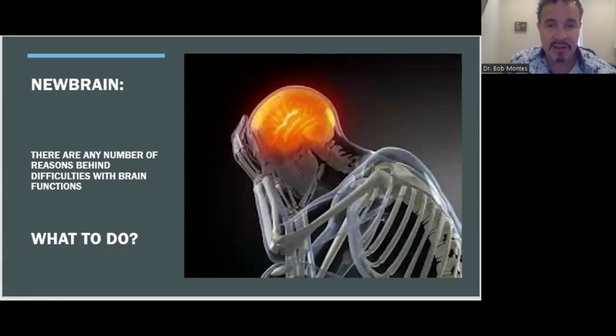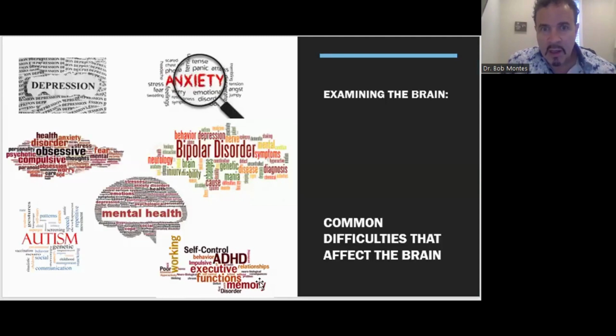A lot could happen in a given lifetime, but most people understand that what goes on in our brains will play out in behavioral symptoms that stem from an inability to regulate. When we find these common difficulties in the brain, we refer to them as our mental health issues, and that's most of what we deal with at NewBrain.